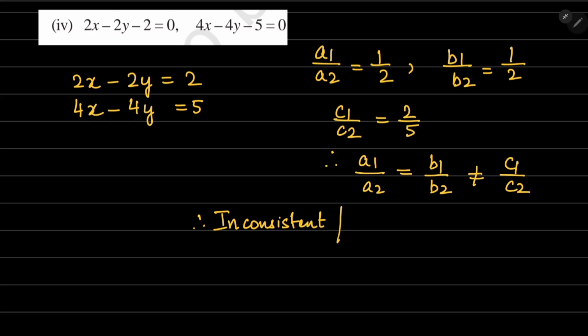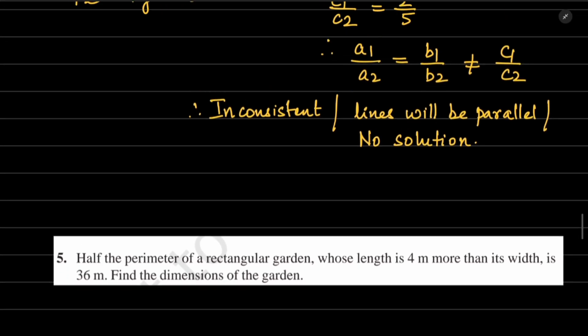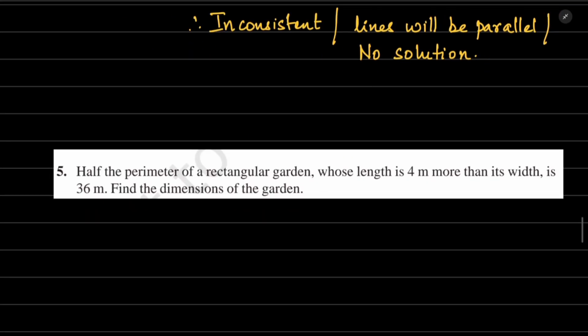And the lines will be parallel to each other, and there cannot be any possible solution, so no solution. This is what you have to write. Is this clear? Okay, now then moving on to the fifth question.